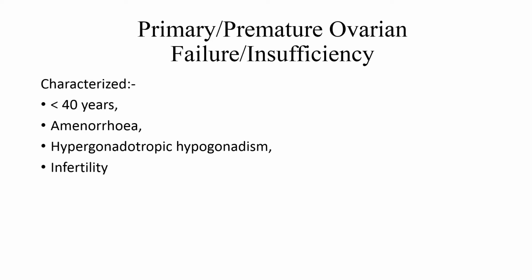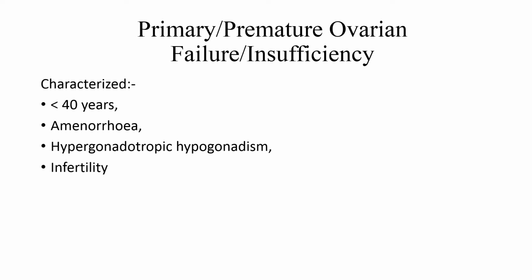So the age is less than 40 years, and then amenorrhea would be there, that is the absence of menses, and then there would be hypergonadotropic hypogonadism. As we know, estrogen is produced from follicles, and it gives negative feedback to the gonadotropes, FSH and LH.